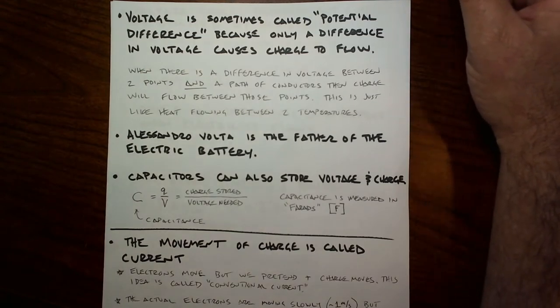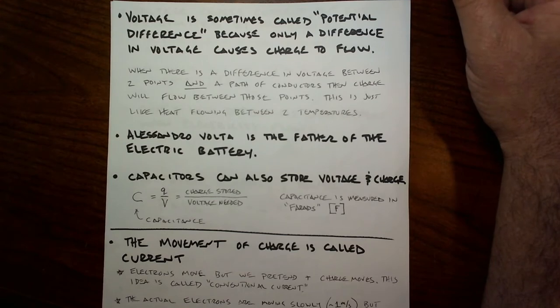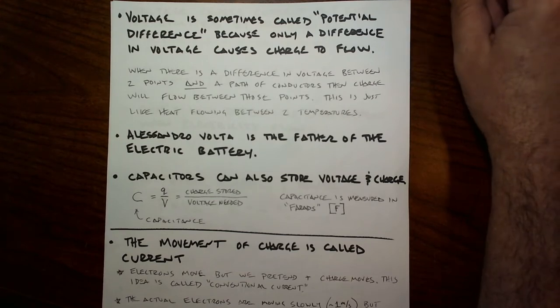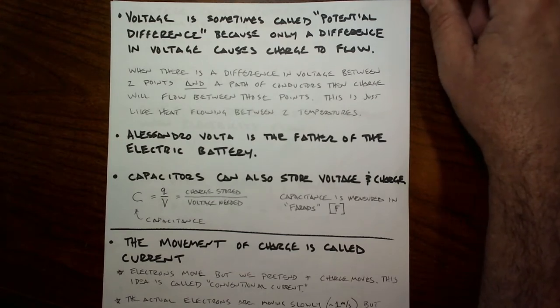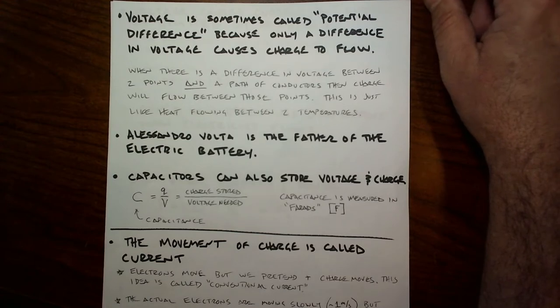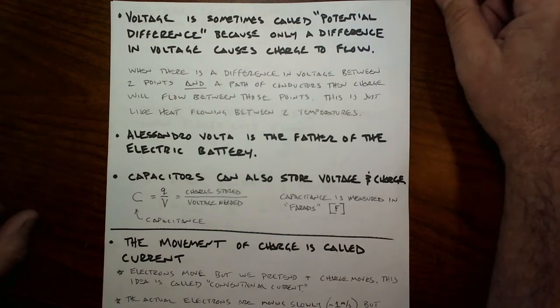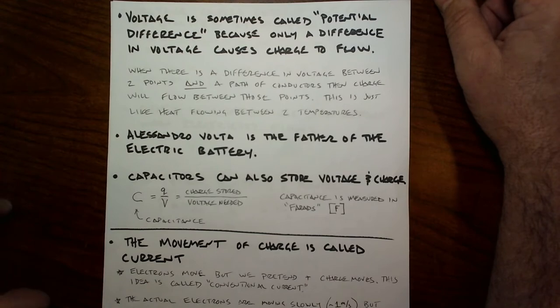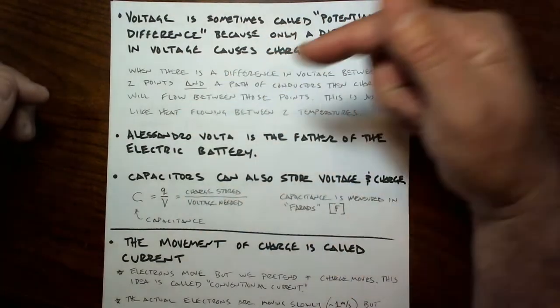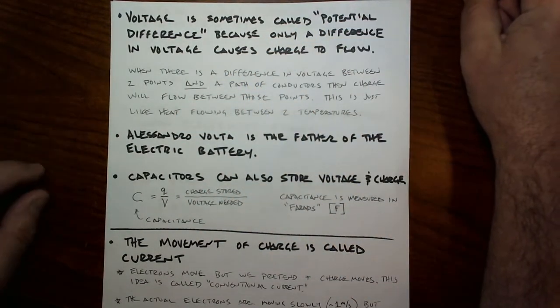Same thing is true in your car. If you have a gauge for your charging system and you drive down the road, you might notice it says 14 volts. And yet a car battery is 12 volts. That's because when the engine is running, the alternator or generator in the engine puts out 14 volts in order to shove charge back into the battery of the car.